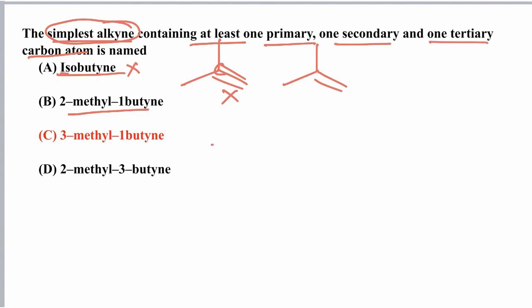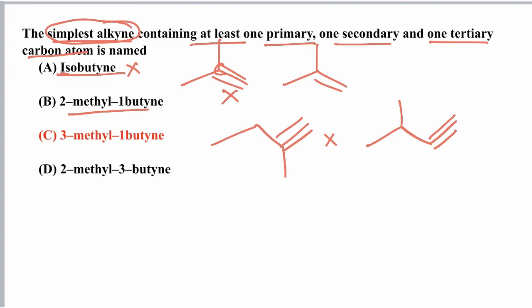2-methyl-1-butene, if we take the next example, so 1-butene, 2-methyl, this molecule also does not exist because carbon is having 5 valency. If we take the third example, 3-methyl-1-butene, so 1-butene, first position is having triple bond and in third position methyl group is attached.